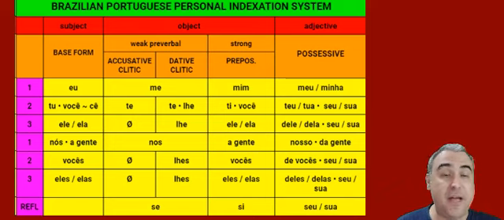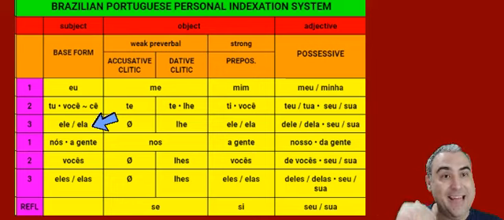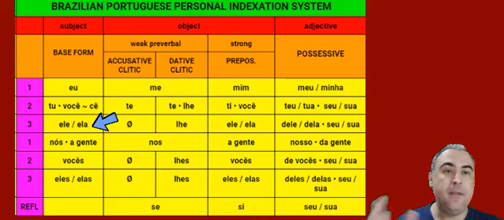In the third person, we have ele and ela. Notice the difference in the openness of the first vowel. Ele, he, ela, open. The first, ele, is a closed e, and the second pronoun, the feminine pronoun, is ela, she. Ele, he, ela, she.